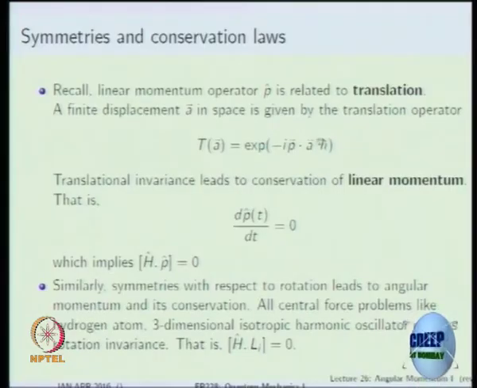So this is sometimes called a parameter. This is the operator, and if you are in 3 dimensions, you have 3 operators, px, py, pz. Similarly, you will have 3 parameters, ax, ay, az, because you have to say how much it is translated along x, y and z, and you get the translation operator for a finite unit written as an exponential.